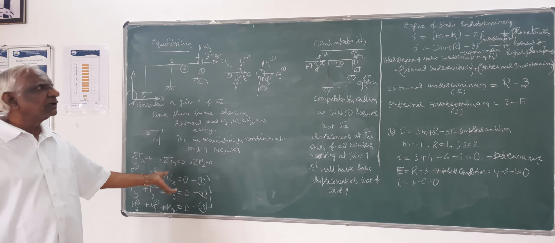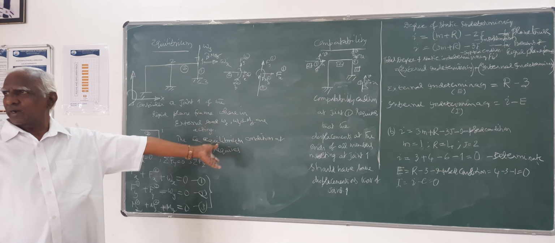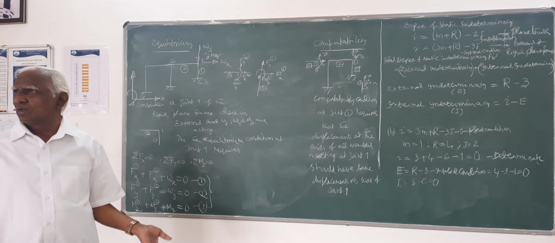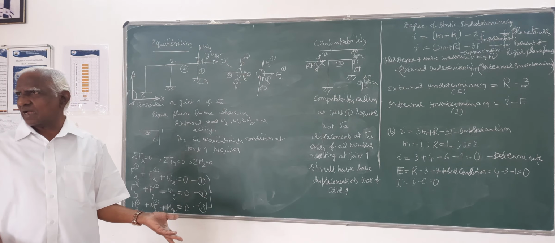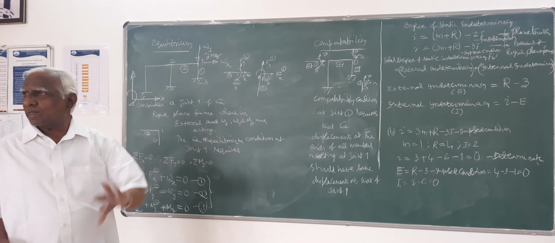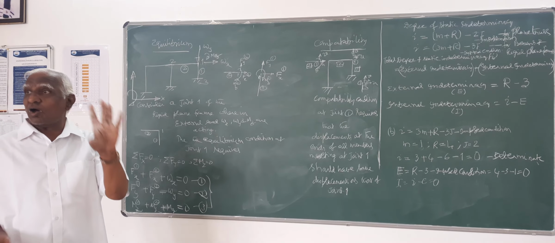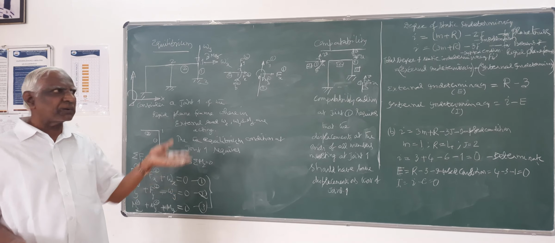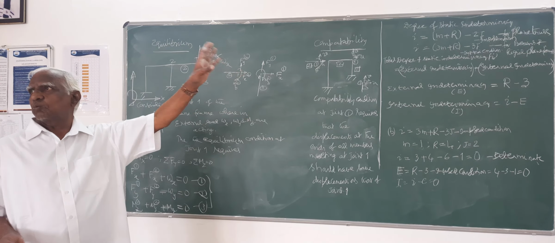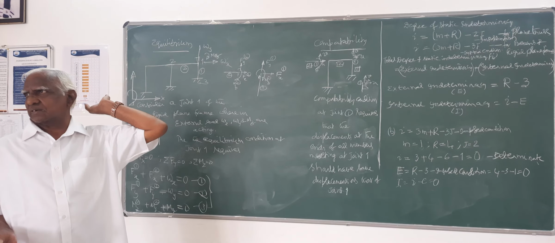Equilibrium condition, compatibility condition, boundary conditions, support conditions, indeterminacies, I have used with respect to the example I have explained here, and then equivalent joint loads. For analysis purposes, we have to take all loads as acting only at the joints of the structure.